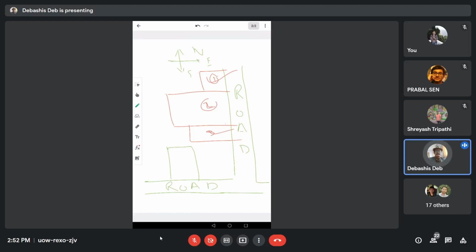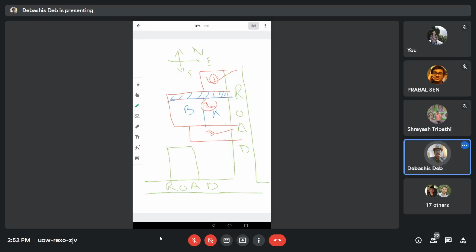So I will construct like this. I'm showing with another ink. I will declare this as a road within my land, and then I will say this is A plot, B plot.